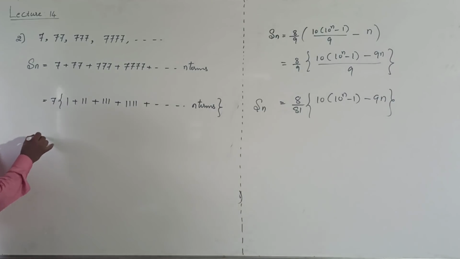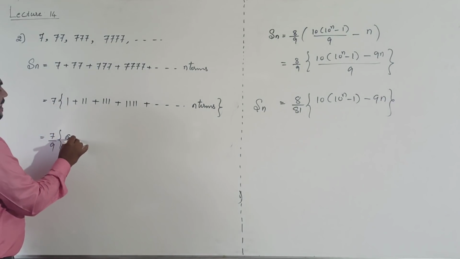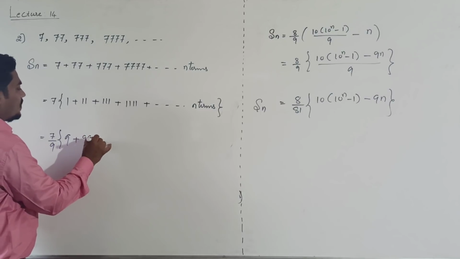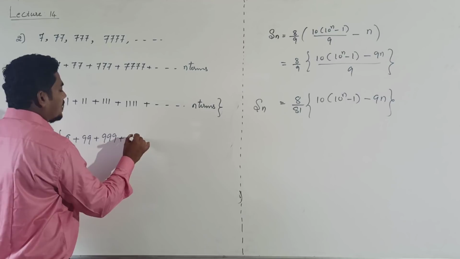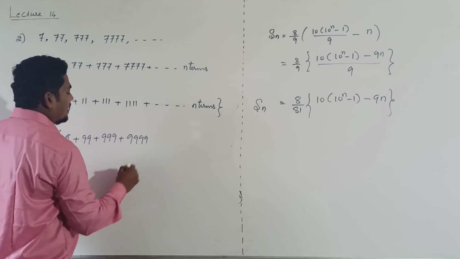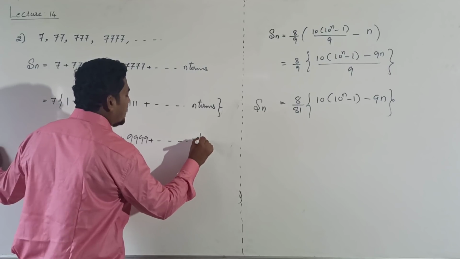After this, just divide and multiply with 9. I will write directly. Divide and multiply with 9. Then 9 plus 99 plus 999 plus 9999 and so on up to n terms.